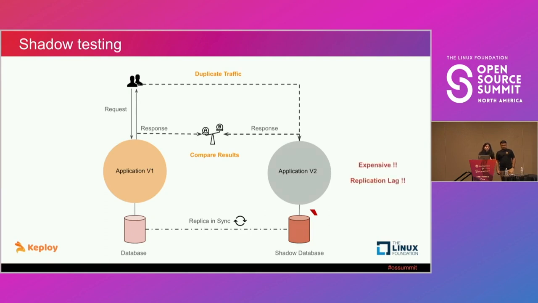So what I mean by that is, let's say you have a write API going through your application v1, it writes to the database, but while your database is syncing it up with the replica, the same API call is being replayed via v2. So there are multiple cases that might happen.